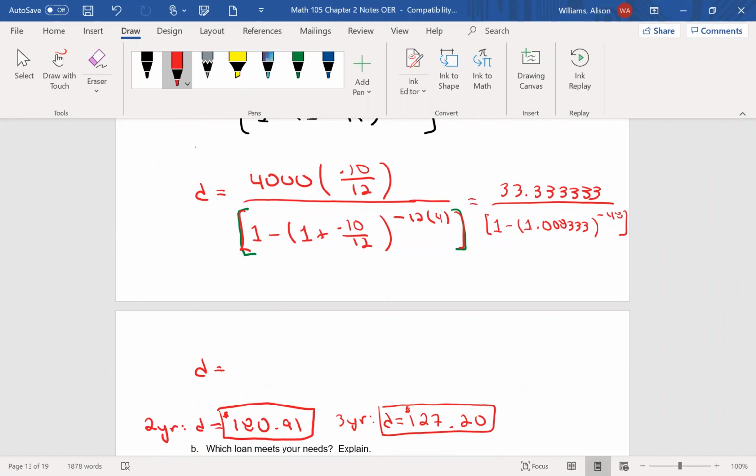All right. So okay, so in the denominator, I'm going to have raising that to the negative 48 gives me 0.671432. And I'm going to do 1 minus that. Oops.